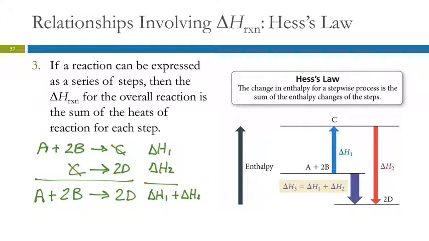Any questions? We can do this because it's a state function. Did this actually occur by making C and then making 2D? We don't care. It's possible for it to do it that way, and the difference is the same.